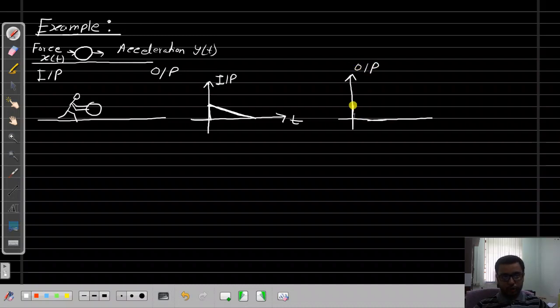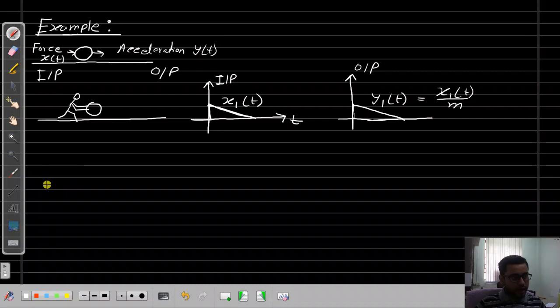Say it will go up here and then decrease. If I call this pattern x1(t), then this pattern y1(t) will be x1 divided by the mass.